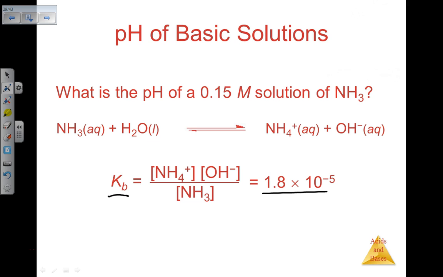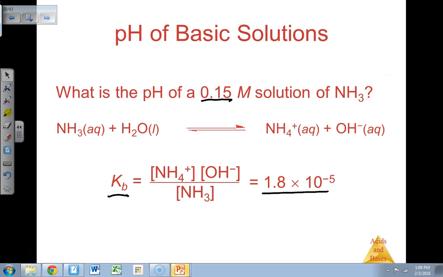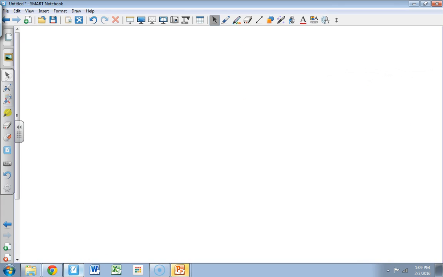So don't think that all the Kas and Kbs are always 1.8 times 10 to the minus 5. They vary tremendously based on temperature and based on what acid or base you have. But anyways, the Kb of this is 1.8 times 10 to the minus 5. And we have a 0.15 molar solution. So what we can do is we can set this problem up.